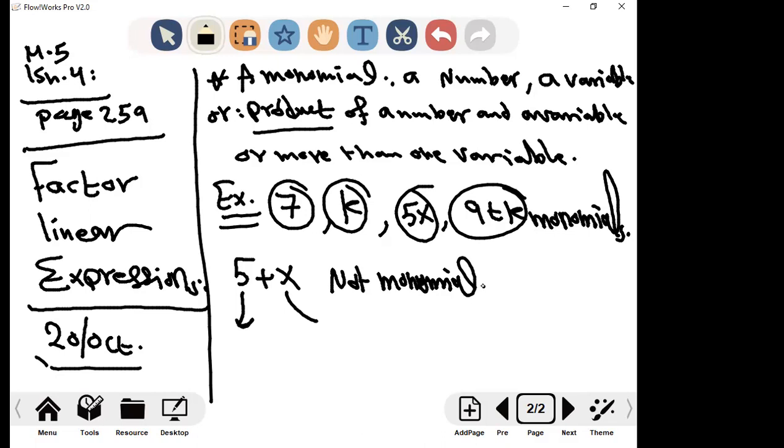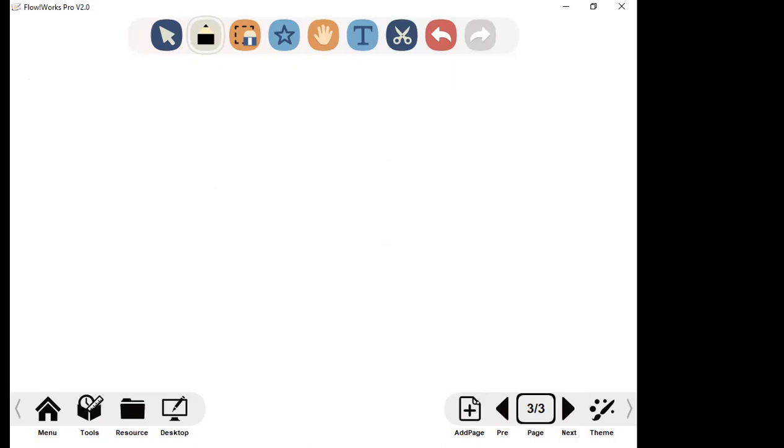Now we have a table in front of you on the first page, two boxes. We have algebraic expressions up and down. We need to classify them as monomials and not monomials. Let's do them together. I'm on page 259 still.